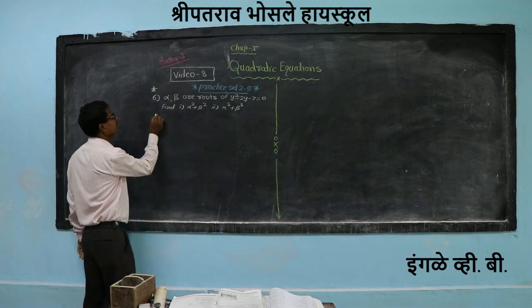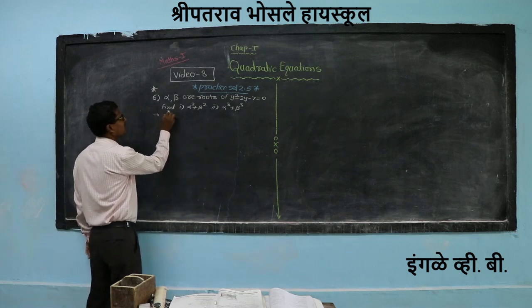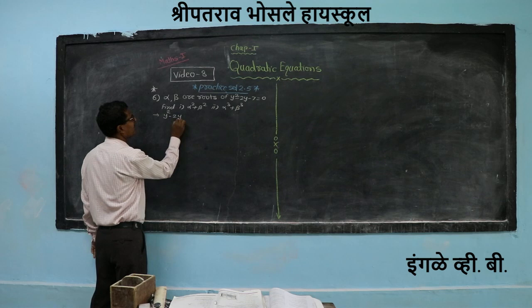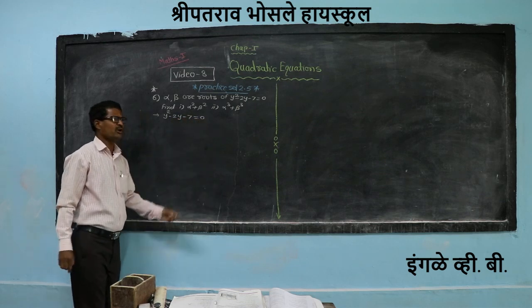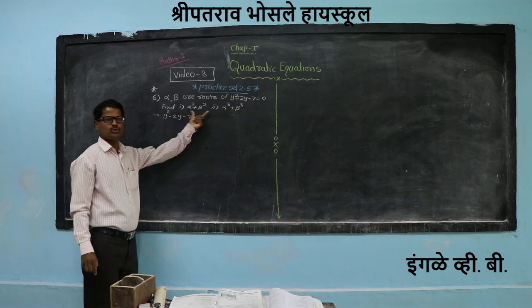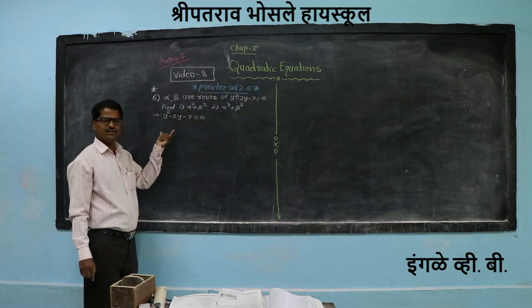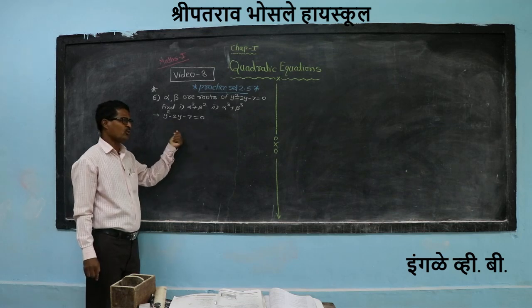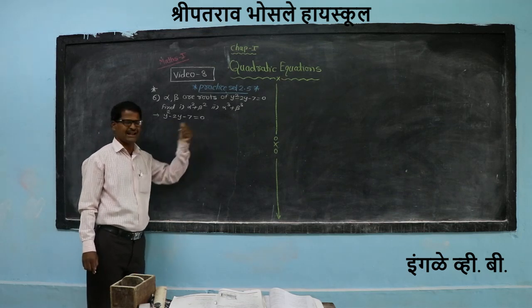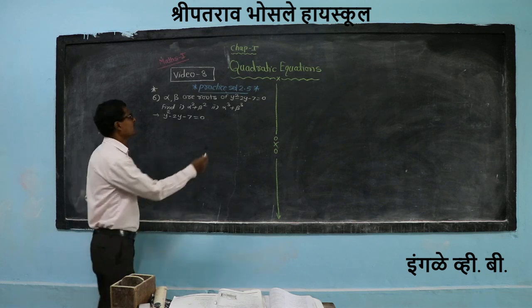First we write the given equation: y square minus 2y minus 7 is equal to 0. First we have to compare this equation to the standard form and find the values of a, b, c, meaning the quadratic coefficient, linear coefficient and constant term.